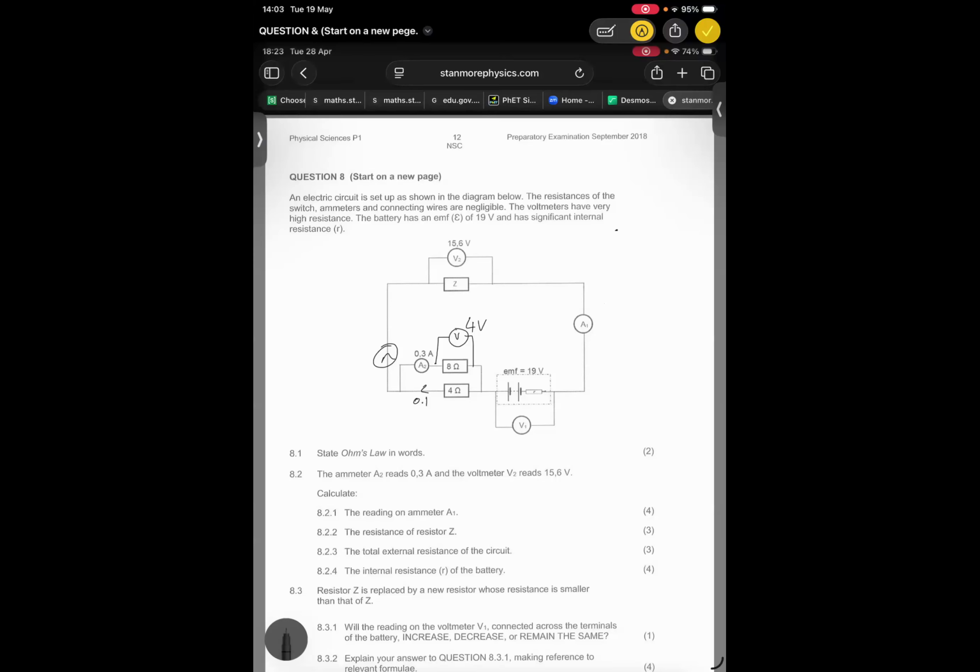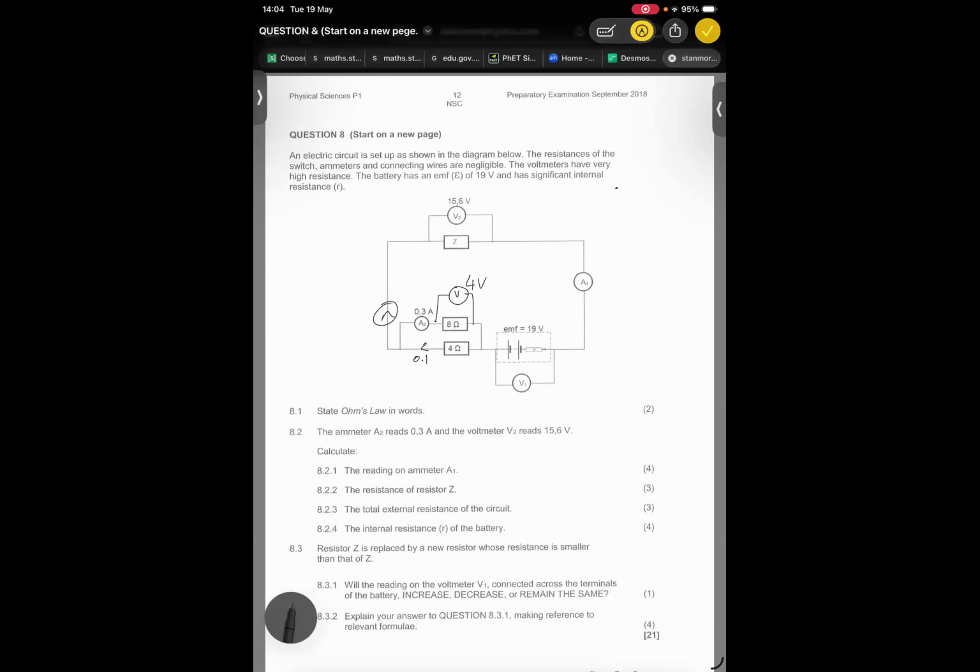Why do you say that? In a parallel, the current is divided, so it's not the same throughout. Yes, that's correct.